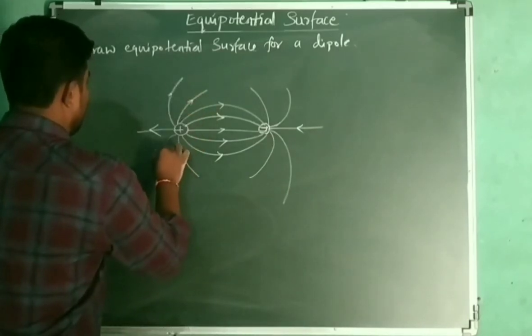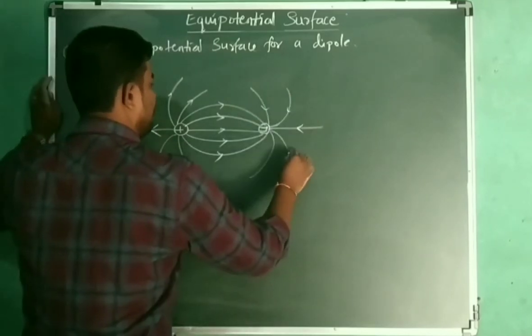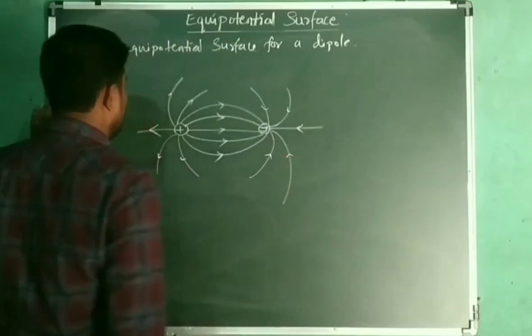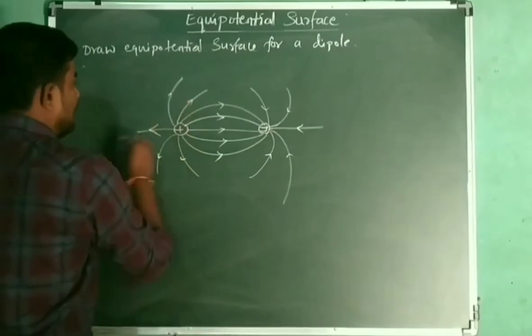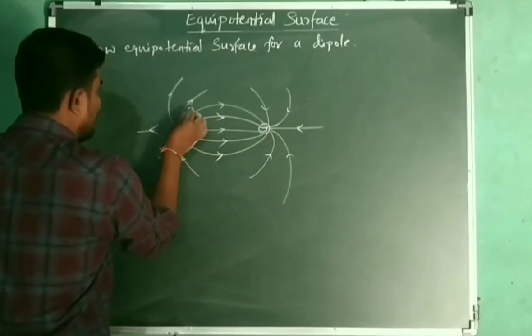So these are the electric field lines. And see here, the equipotential shapes will be like this.